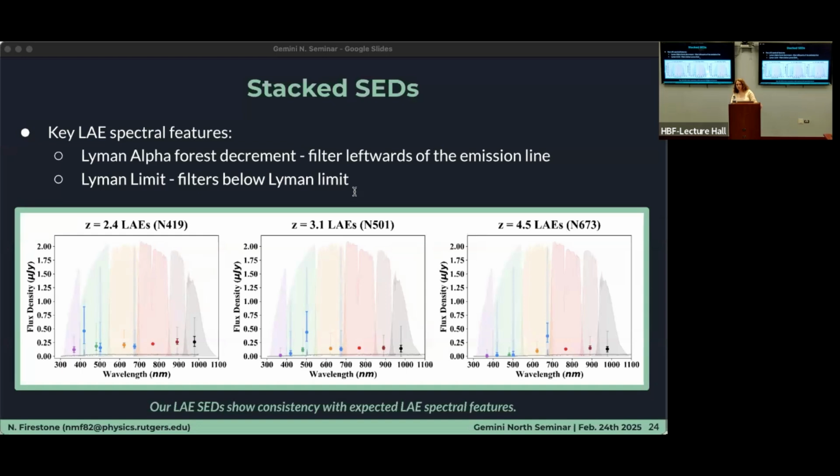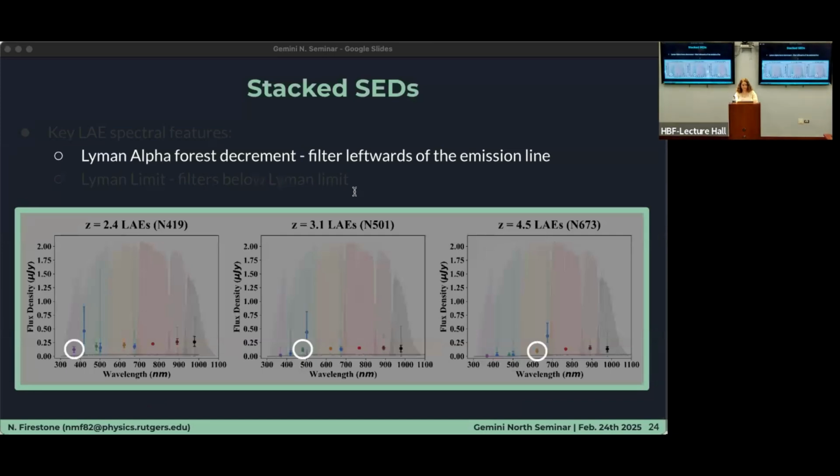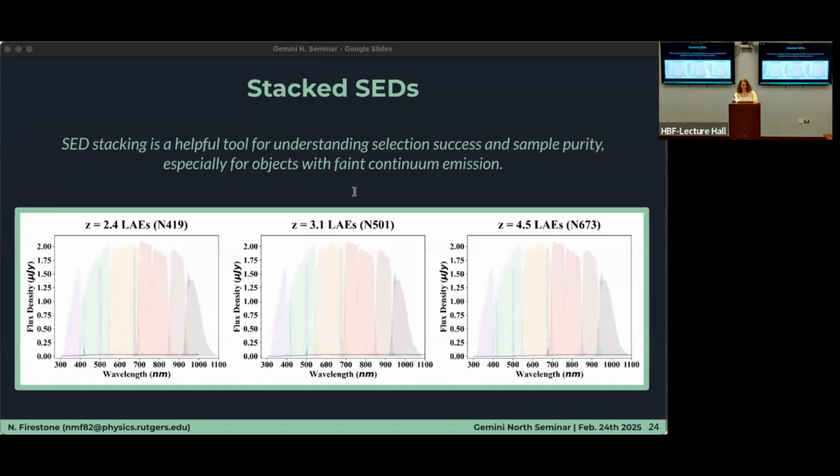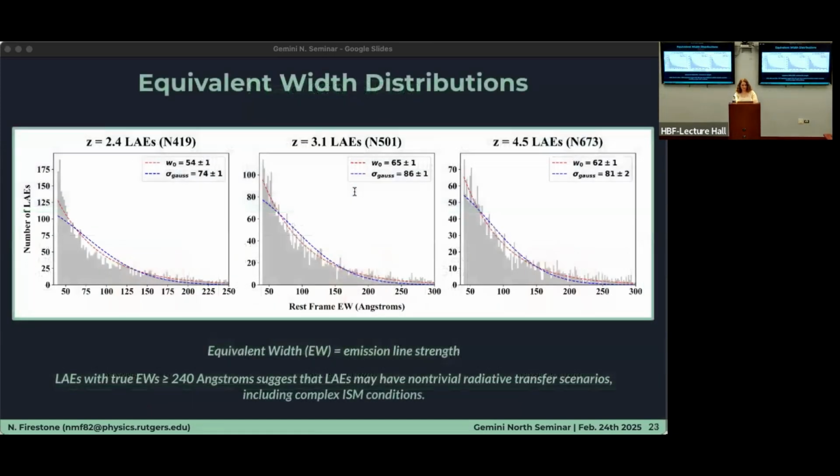That's a good question. UV luminosities? Yeah, I'm not entirely positive. I think based on looking at the Lyman alpha luminosities, at least, they seem pretty similar across the 3 samples. And the equivalent widths as well? Yeah, the equivalent width distributions, I can go back to them for a second. So they are a bit different.